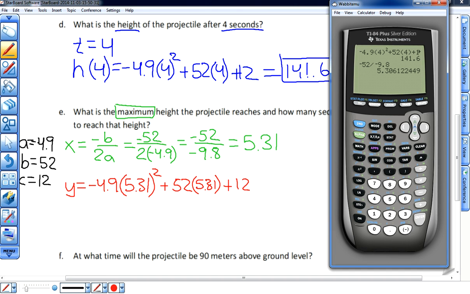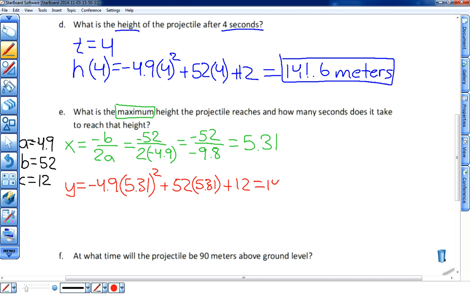So finishing that off, we end up with what? Negative 4.9 times 5.31, that gets squared, plus 52 times 5.31 plus 12. Enter, and we get 149.96. So we now have our x and our y coordinate of our vertex.